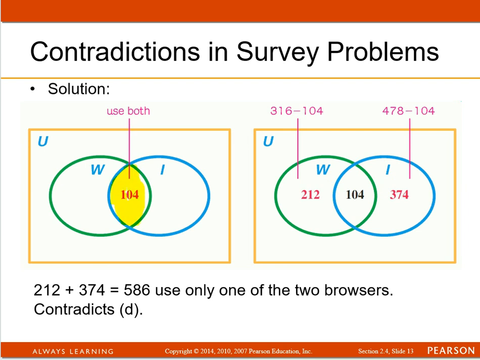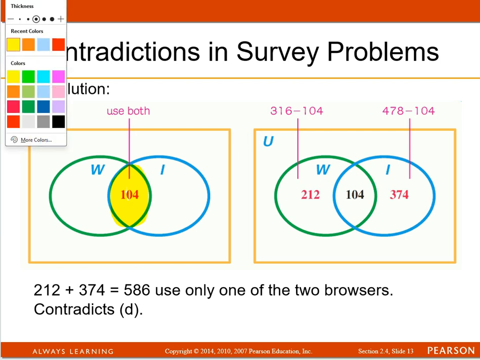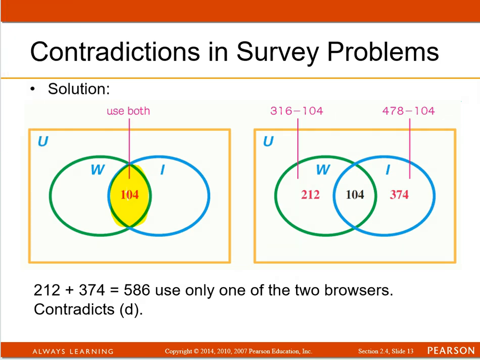So they got two circles, one with a W for WebMagic, and the other one was for iBrowse. That was right. But then they went on to say that there were 316 total that used WebMagic, but remember you have 104 already in there.